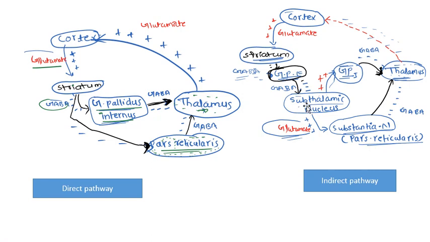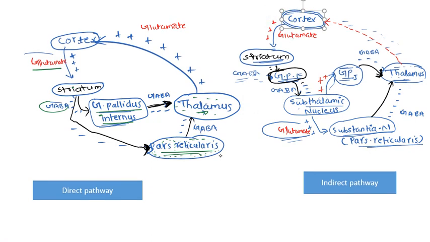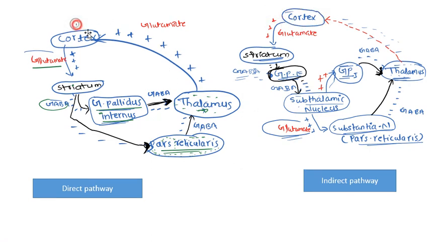Other is the same as the direct pathway, and at the outcome, due to the addition of the globus pallidus externus and subthalamic nuclei, at the end it is giving the inhibitory activity. This pathway gives the inhibitory activity, and this pathway gives the excitatory activity.